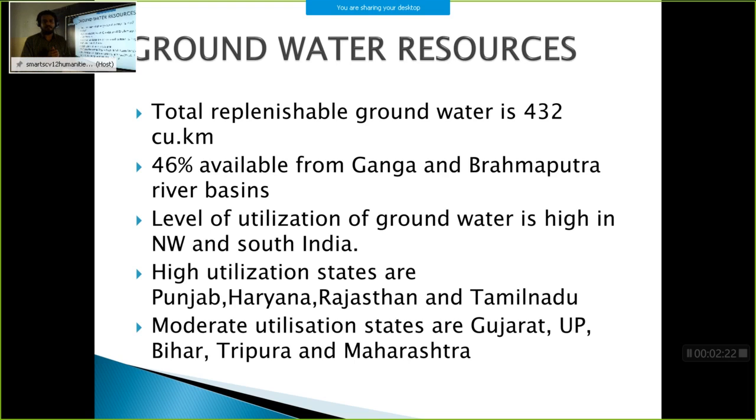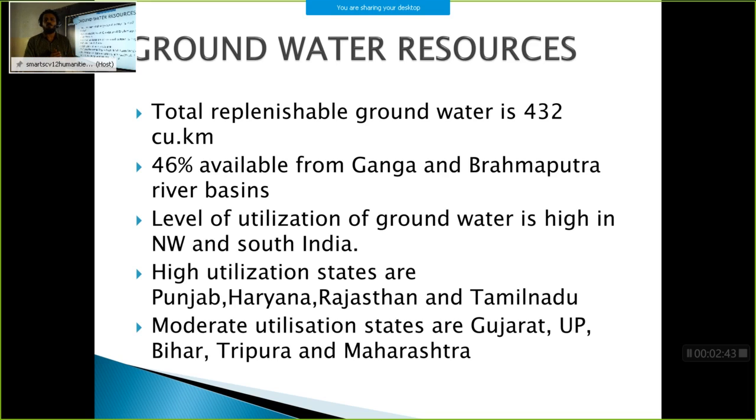But what about the seasonal rivers I was talking about before, like Krishna and Godavari, mainly the peninsular, South Indian rivers? The reason they are called seasonal rivers is that they have an apt amount of water only during a particular period of time, that is, during the rainy season.